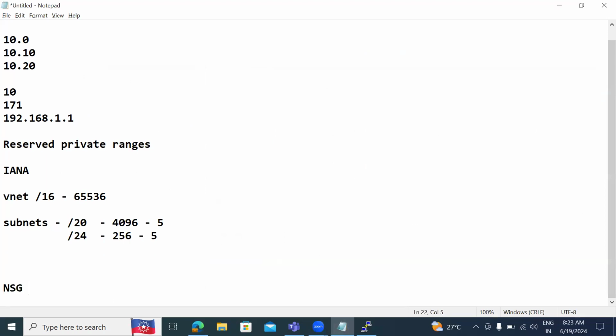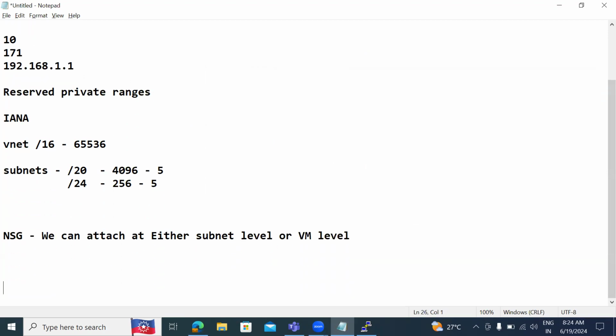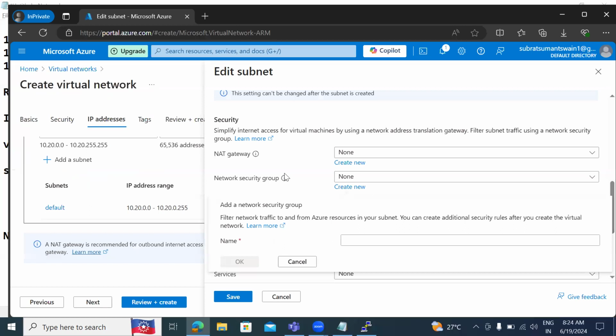So NSGs, we can attach either at the subnet level or the VM level. Like in the previous questions, we attached at the VM level. Now we can attach at the subnet level also.